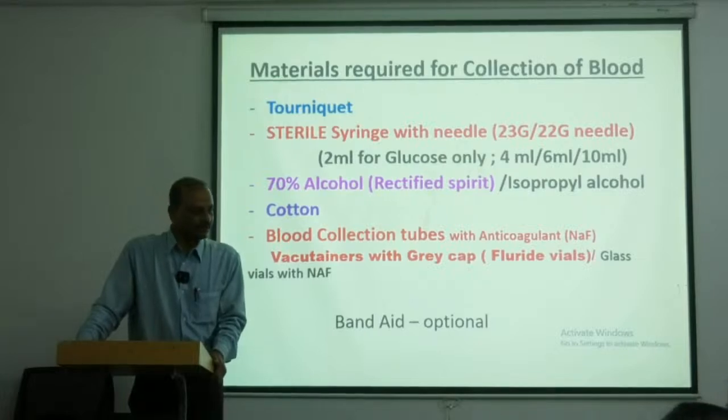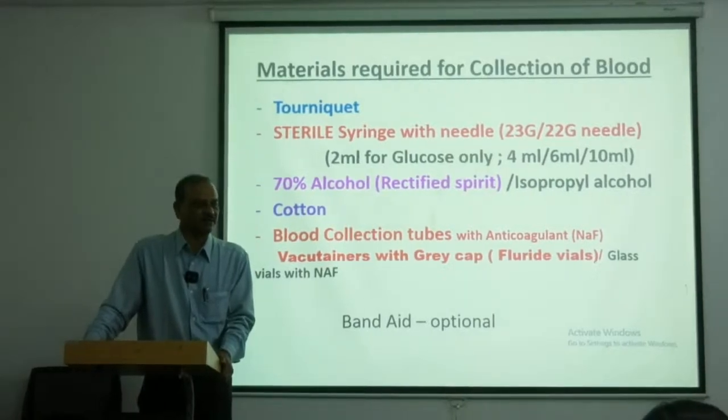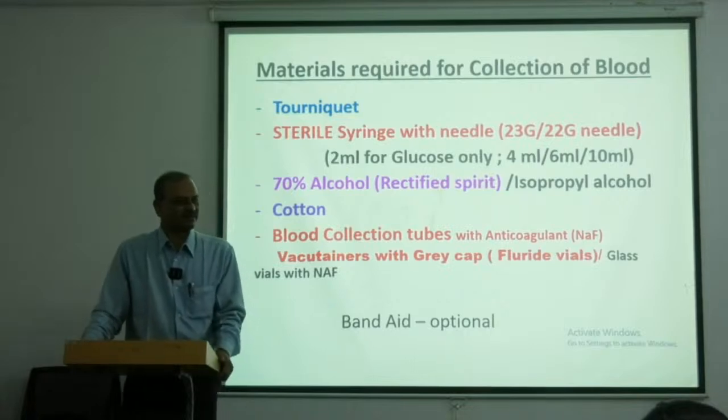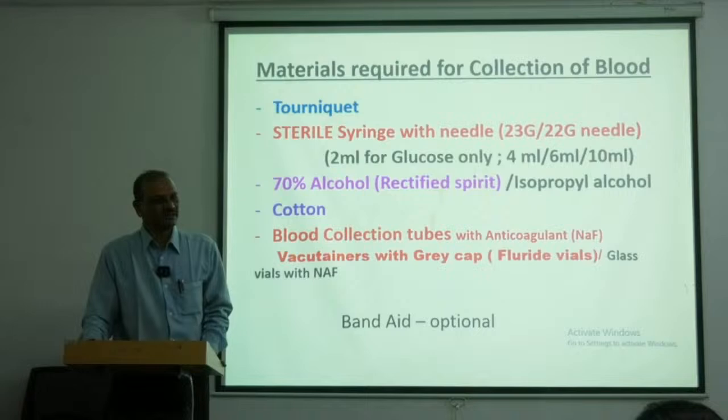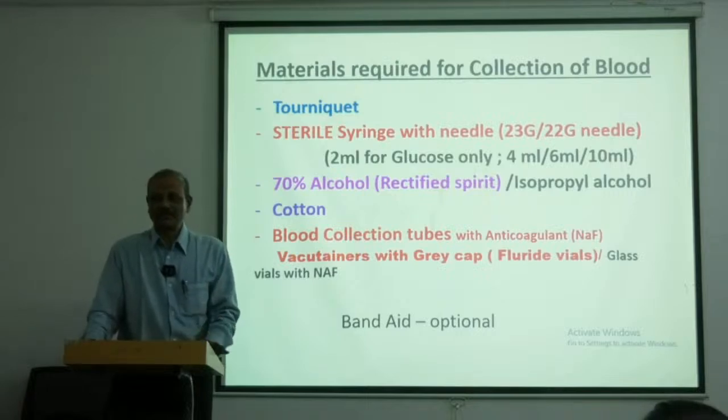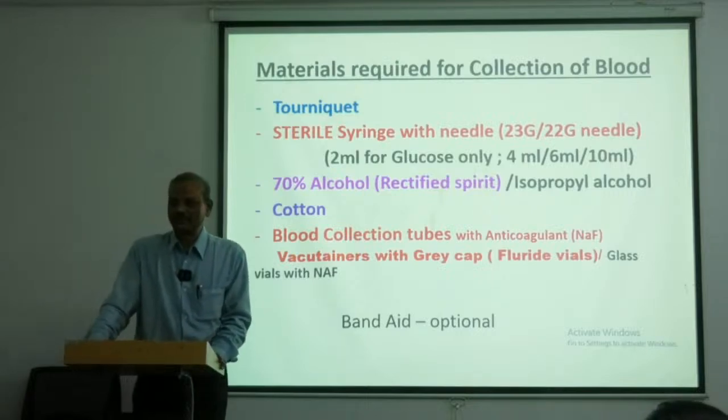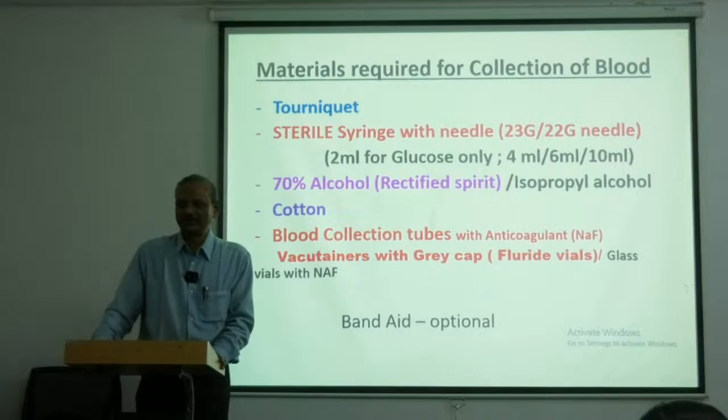Technicians who are drawing blood say, difficult, sir, I am not getting it, sir, the blood is not coming. Then I had to come and draw the blood. Since you have adequate knowledge of medical information about the surface veins, you will be able to draw the blood.